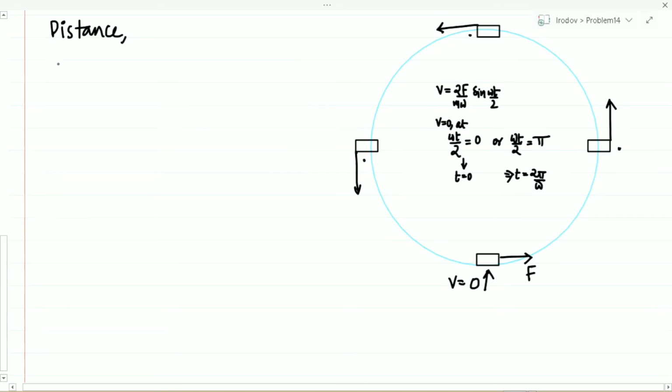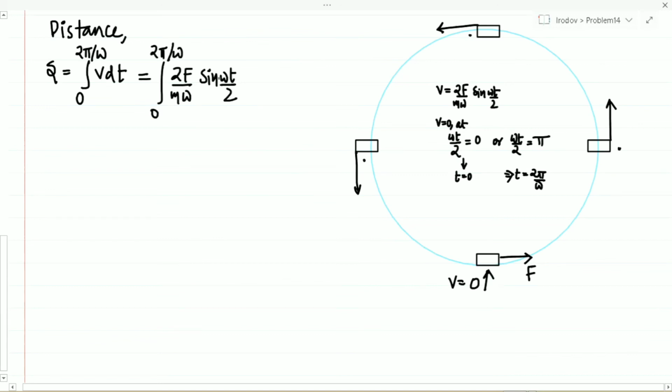We know that S can be calculated using the formula integral of v dt from time equal to 0 to a time equal to 2 pi by omega, which is equal to integral of 2F by m omega sine omega t by 2 dt from 0 to 2 pi by omega.